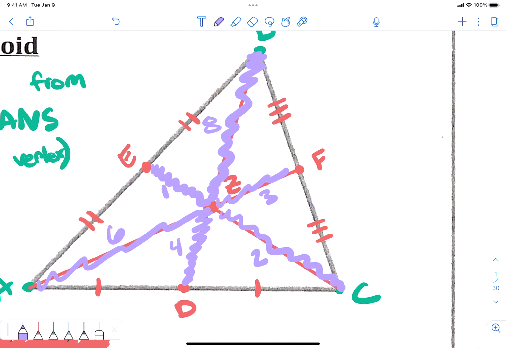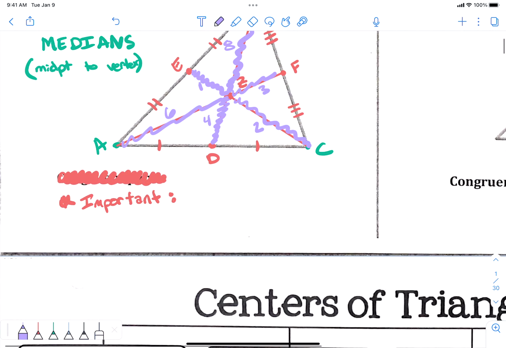Does that make sense? Where the centroid splits that, not in half, but where it splits it, it will always be double on one side and then single on the other side. Make sense? That's kind of a fun little deal. Okay, so important fact is that the centroid splits each median, and I'm going to draw a little picture.